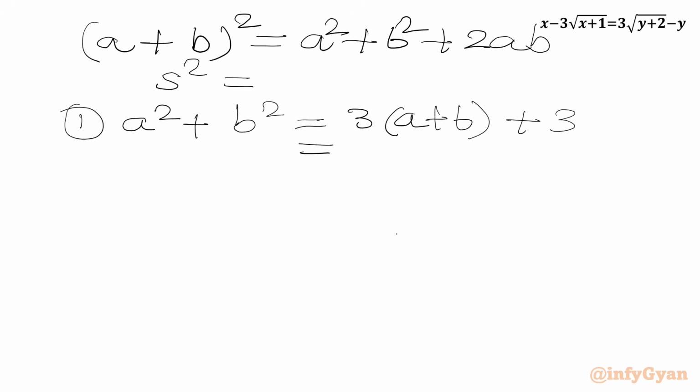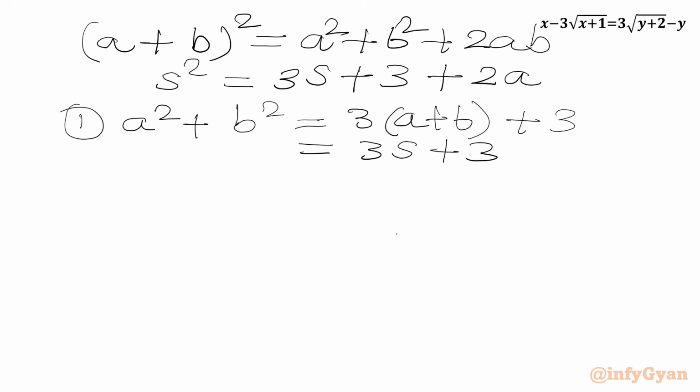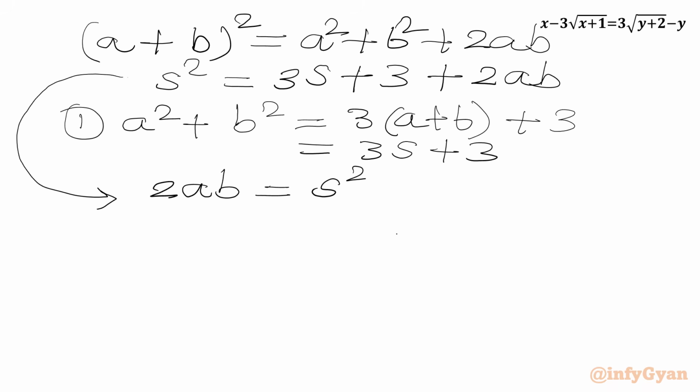So in place of a plus b, we will write s. So in place of a square plus b square, we will write 3s plus 3. Then we have 2ab. Now we will find 2ab value from this equation. So 2ab will be equal to s square minus 3s minus 3.